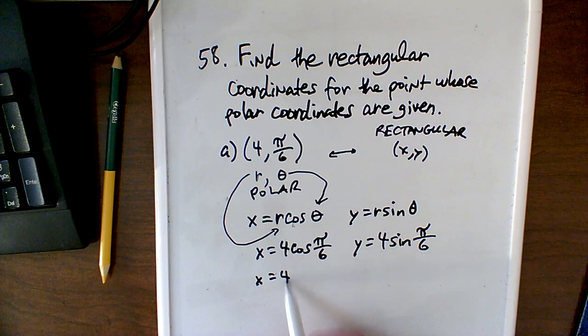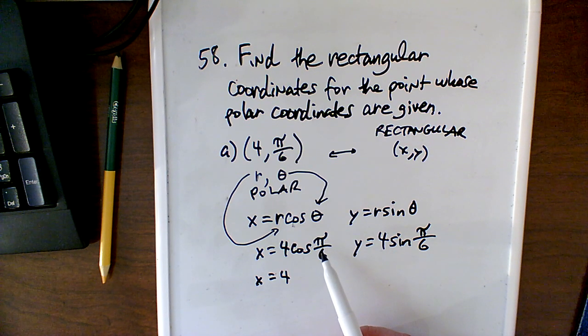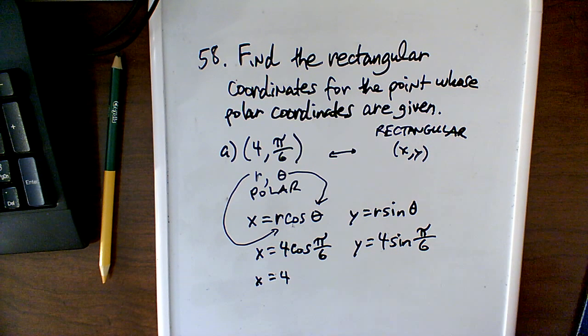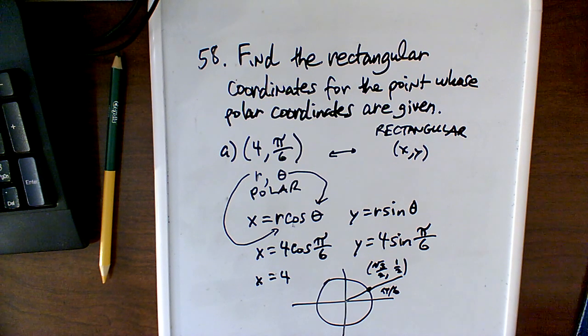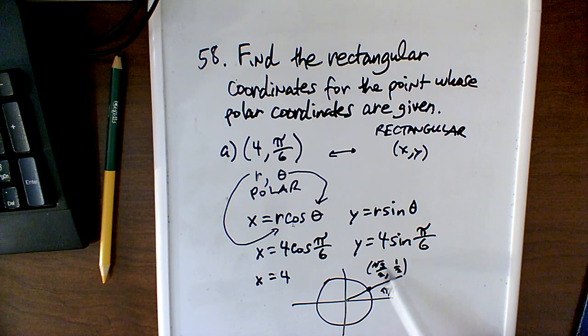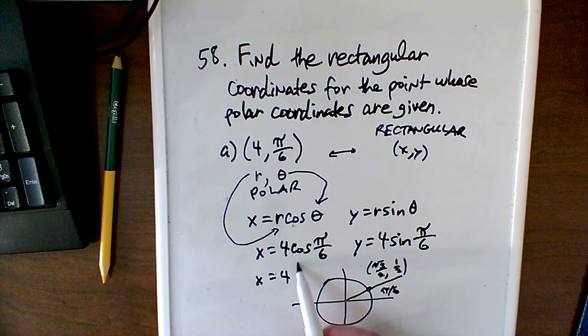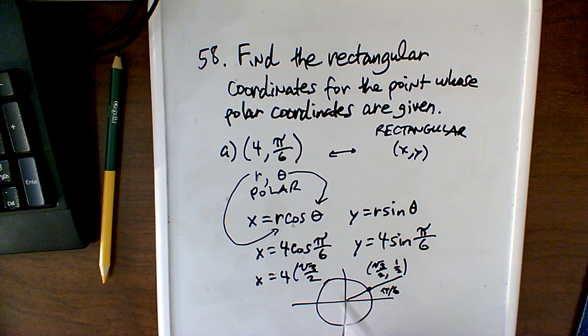Okay, so if we do a quick inspection of our unit circle, we see that for pi over 6, we have the coordinates square root 3 over 2 and 1/2. Square root 3 over 2 being the cosine and 1/2 being the sine. So I'm going to plug in square root 3 over 2.